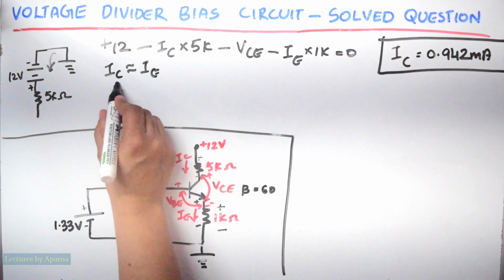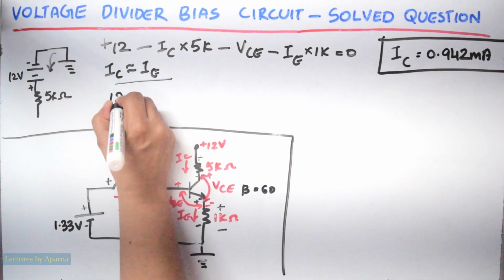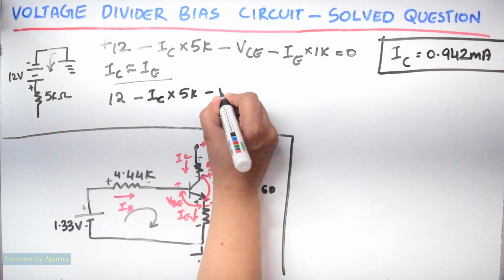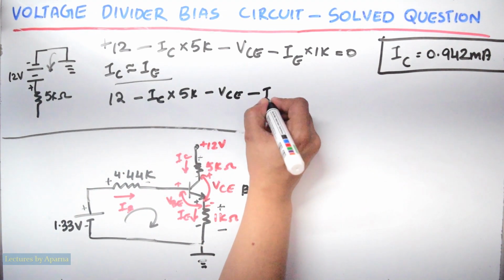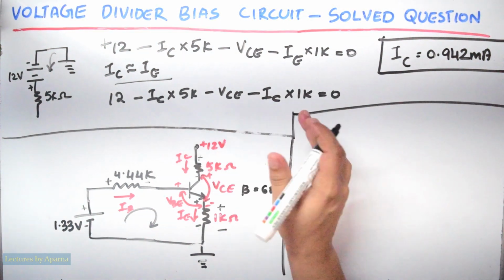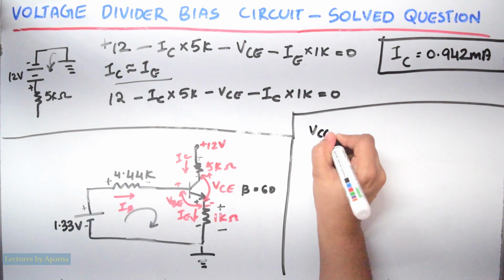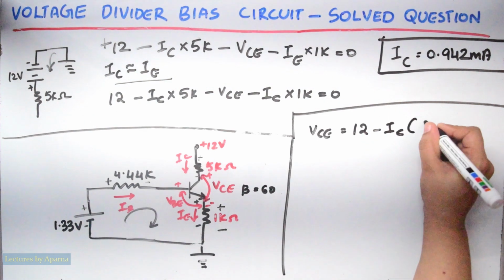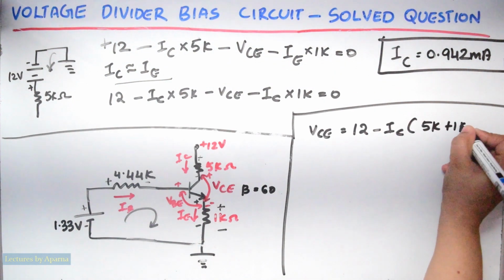So substituting this relation in this equation, 12 minus IC into 5K minus VCE minus IC into 1K is equal to 0, which gives VCE is equal to 12 minus IC into 5K plus 1K.